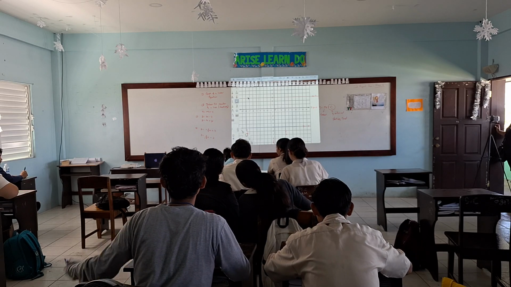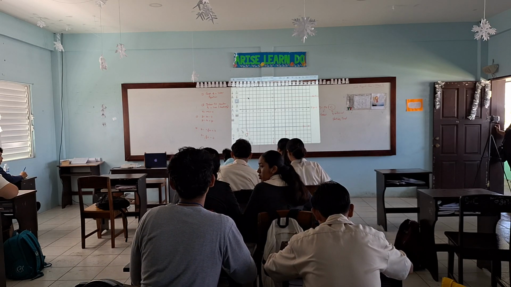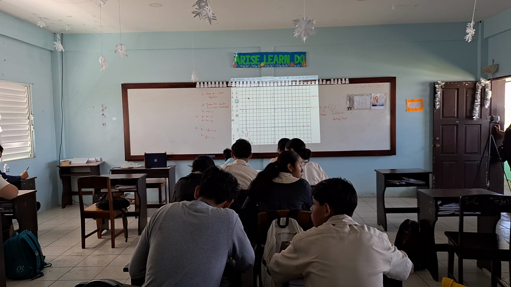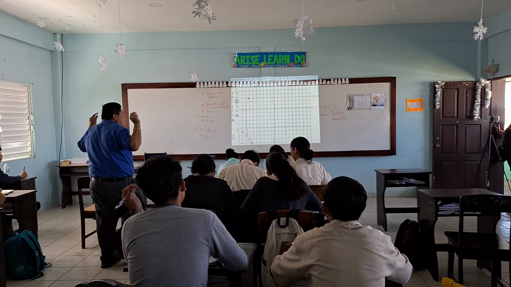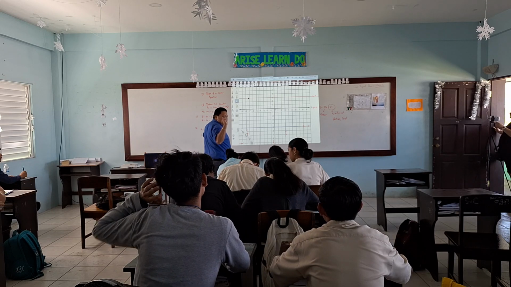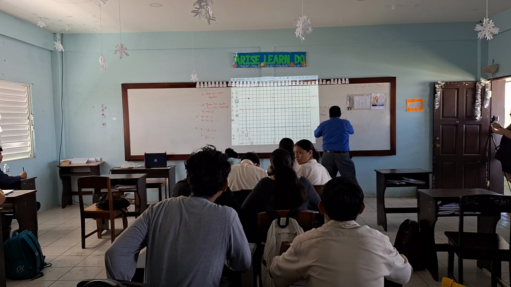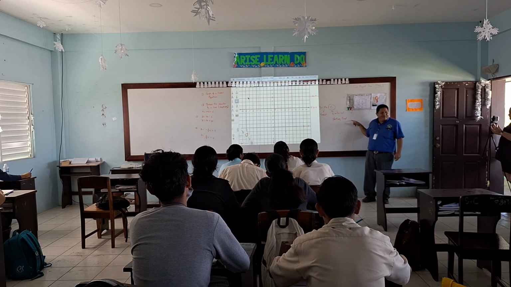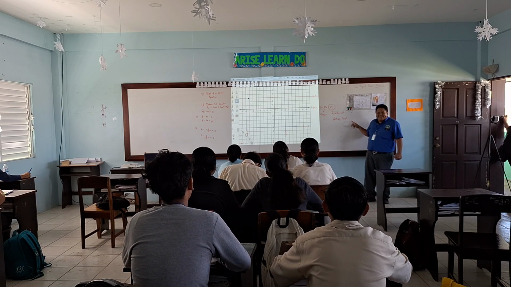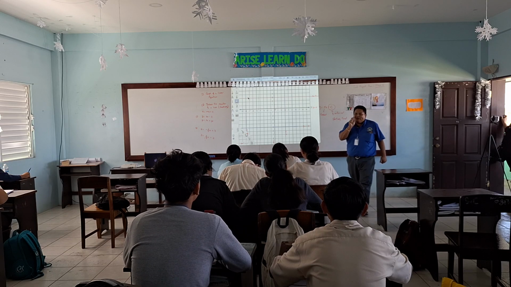What's the first thing in general? What's the first thing that we are supposed to do? See what I wrote here? The starting point. What is that? The y-intercept. So that's the first point we need to identify.